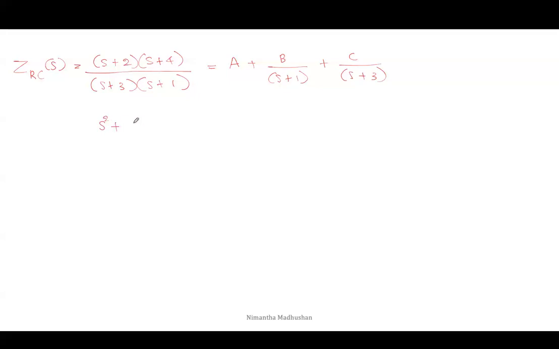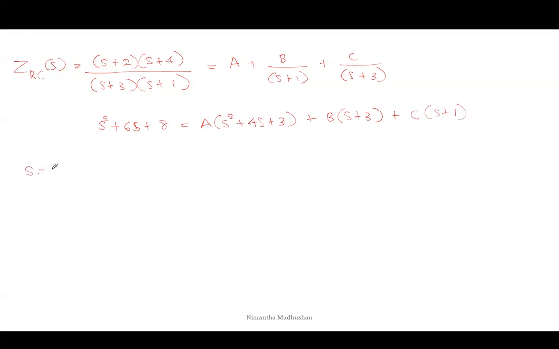s squared plus 6s plus 8 is equal to a times (s squared plus 4s plus 3) plus b times (s plus 3) plus c times (s plus 1).